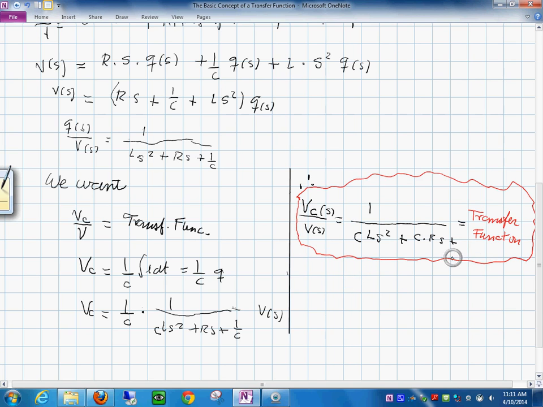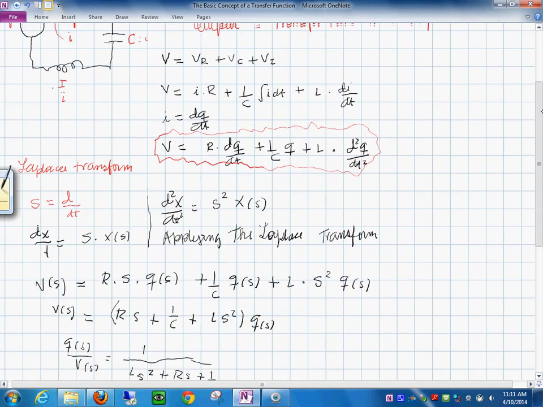So this is the transfer function that we need for the establishment of the voltage V sub C as an output in relationship to the input. And this is the basic concept of the transfer function. This is where we start. So in here we could go and do the automated approach, but in reality, what I have shown you here is the basic concept of the transfer function.